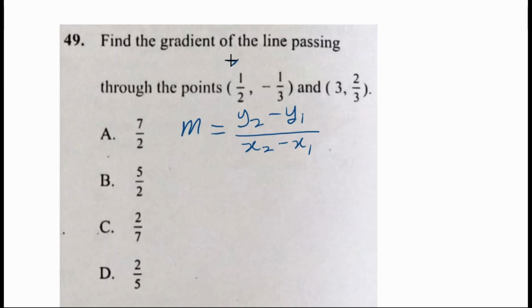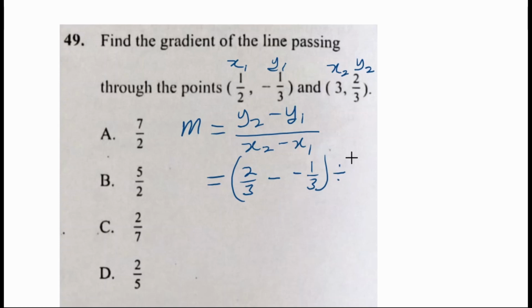So if this is x1 meaning the x coordinate of the first point, and y1 meaning the y coordinate of the first point, and x2 meaning the x coordinate of the second point, and y2 meaning the y coordinate of the second point, then substituting it, we are going to have 2/3 minus negative 1/3. And because this involves a lot of fractions, I'm going to use the division sign instead of over.